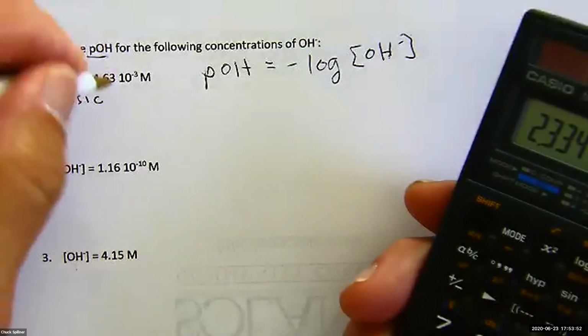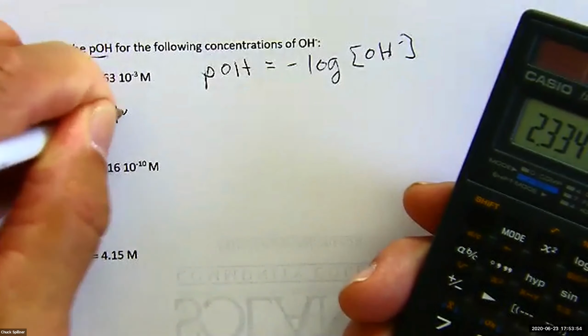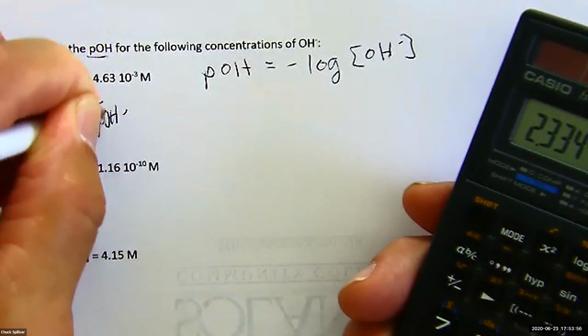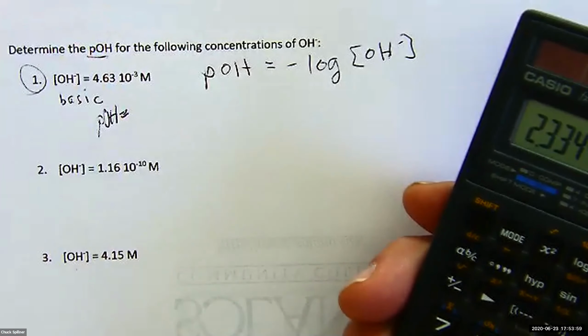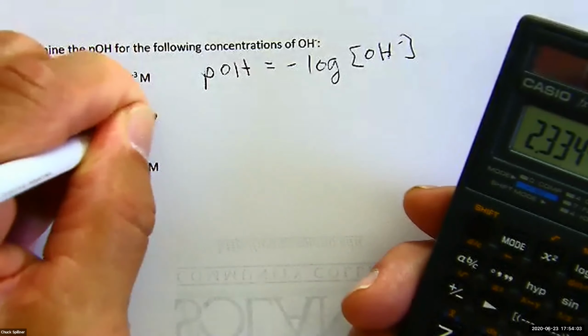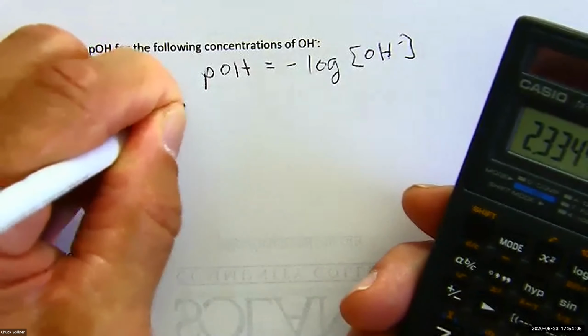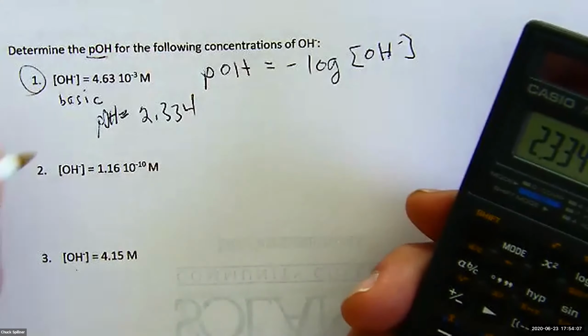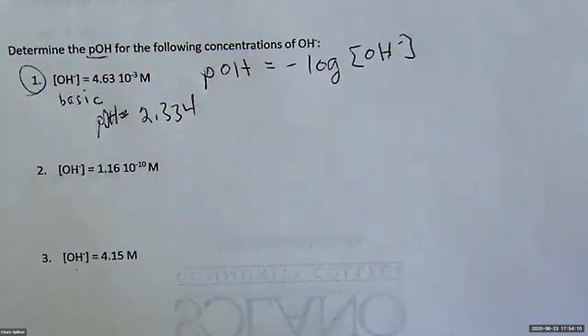I have pOH equals, and I'm going to put 3 decimal places again, 2.334. What if I want to know what the pH was?